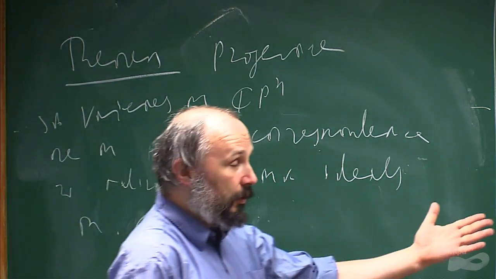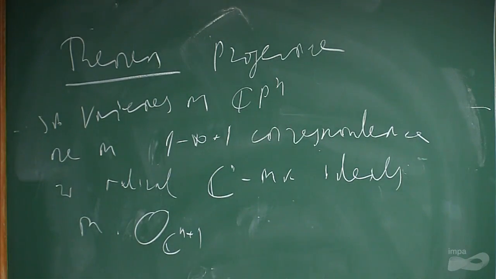So this is like Hilbert Nullstellensatz, but for projective varieties. Very similar. Is the statement clear?